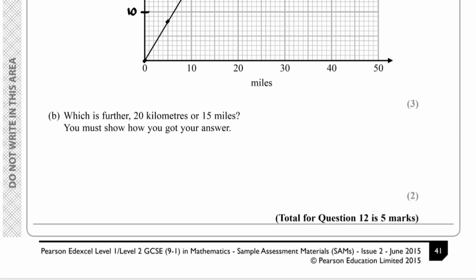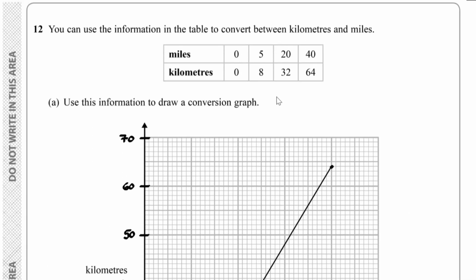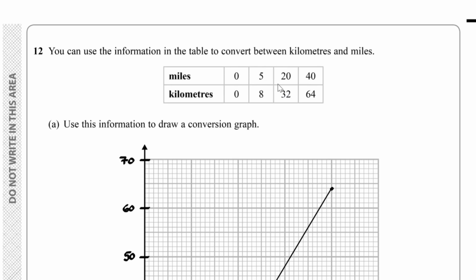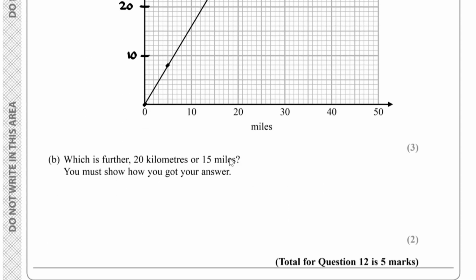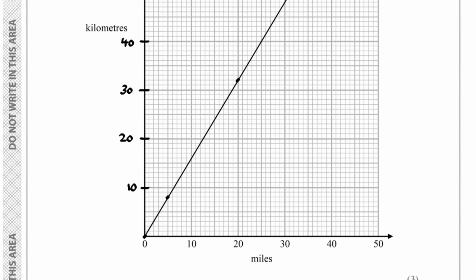And then for part B of the question, which is further, 20 kilometers or 15 miles, you must show how you get your answer. Well, first of all, we can convert the 15 miles to kilometers. So if I do that, I draw a line up and then across.